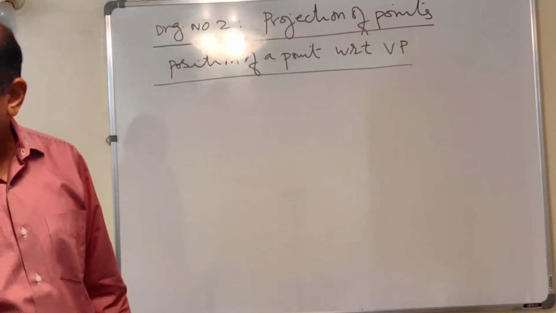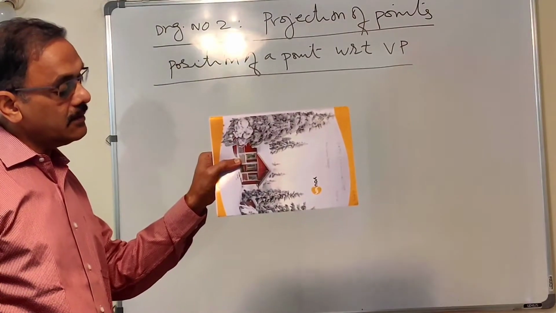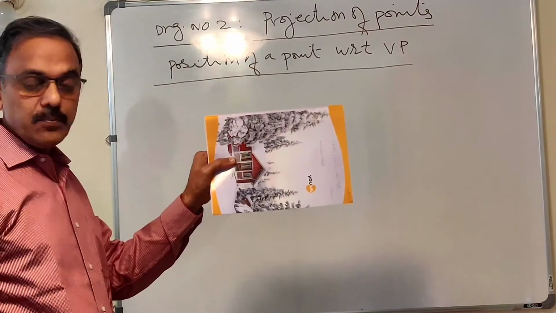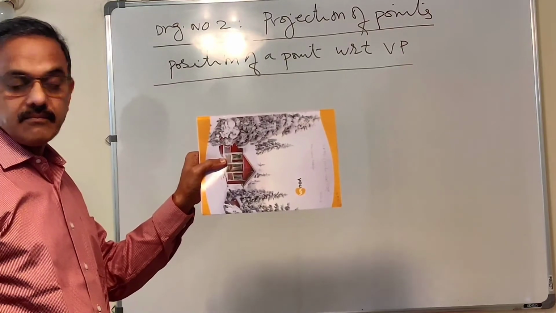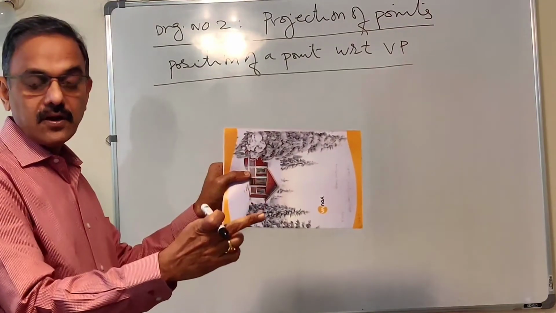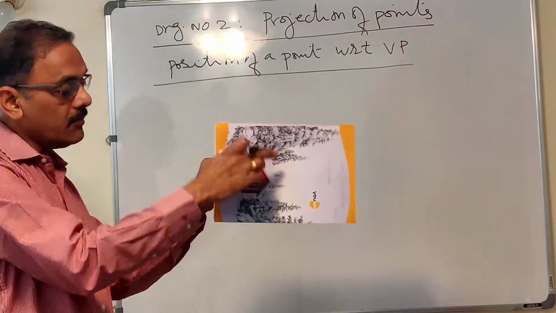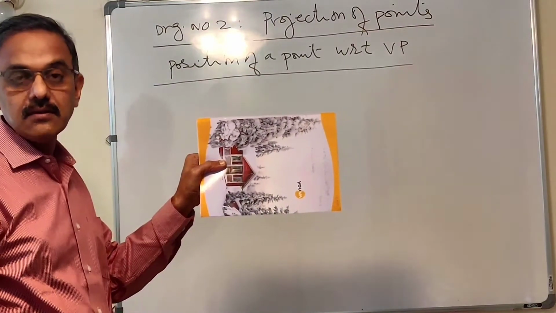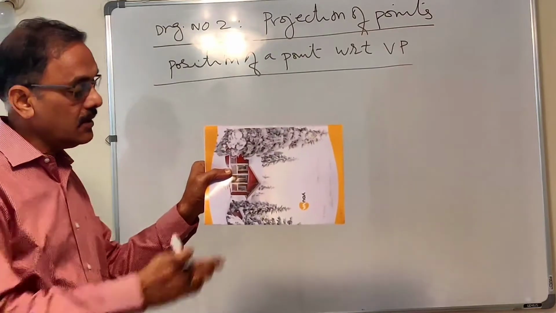Let us say this is a vertical plane, just like a wall. How many positions can a point occupy with reference to the wall? The point can be in front of the wall, the point can be behind the wall, or it can be on the wall. So three positions a point can occupy. What are they?